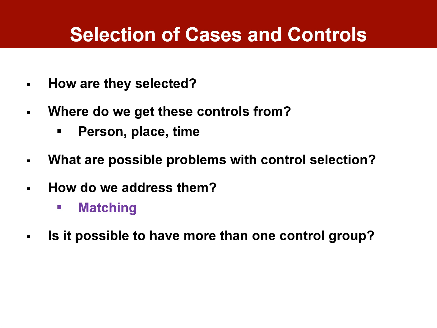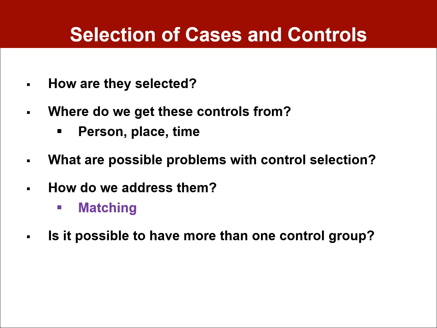This is through a process known as matching, where you match the controls to the cases based on those particular factors. You remember when we talked about standardization for rates when making comparisons, this is kind of something similar, right? You're trying to eliminate the effect of age, socioeconomic status, or gender as a factor. This is what we'll be doing here to minimize any bias associated with our study.